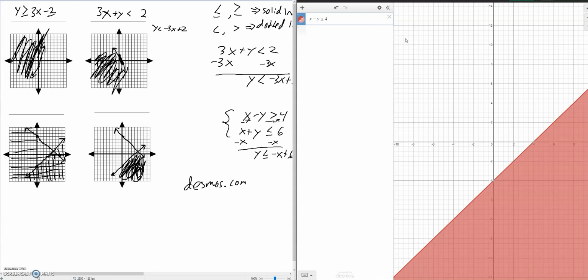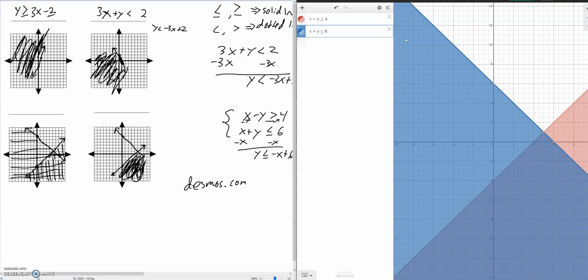And then I'm going to put my 4, enter, and do my second graph here. x plus y is less than or equal to 6. And then we'll see that this region here, which has both the red region and the blue region, is my solution region. Hopefully that makes sense to everybody here.